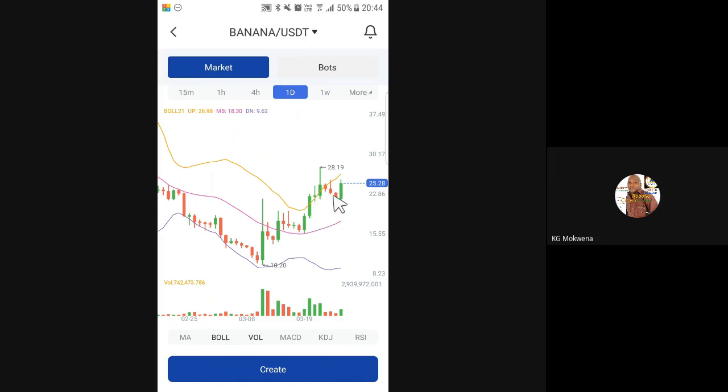So what I will do, business partners, is this. With this banana, look at this candlestick. Can you see it? It's bigger, more engulfing. It's huge. So anything can happen also. This also can become red, for instance. So what I will do is simple. I want to enter banana around this price here, around here.